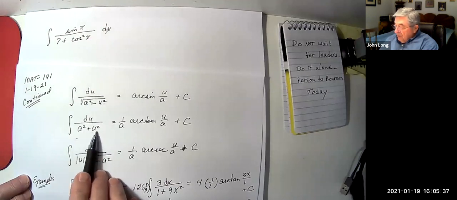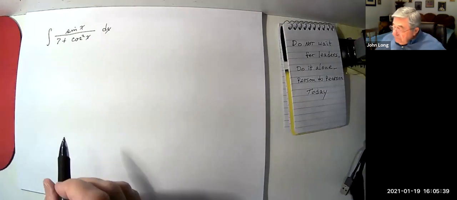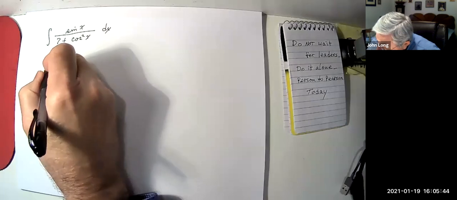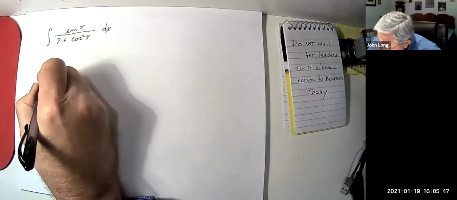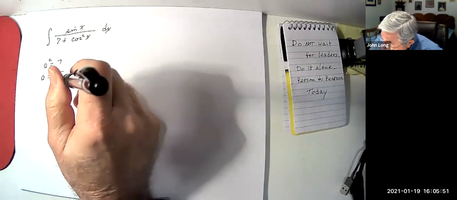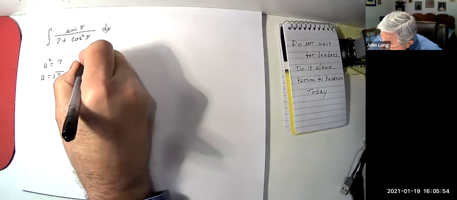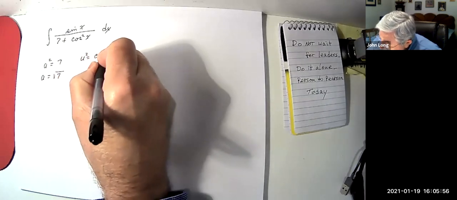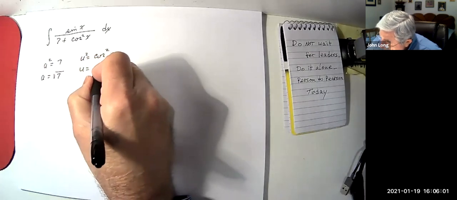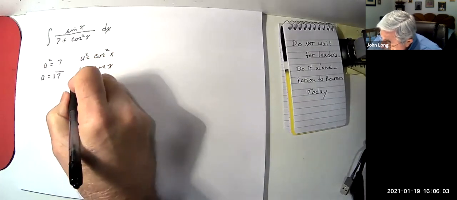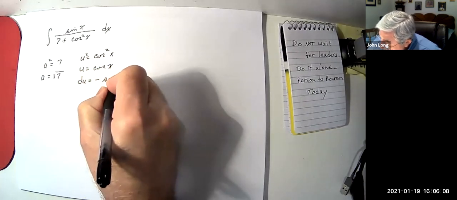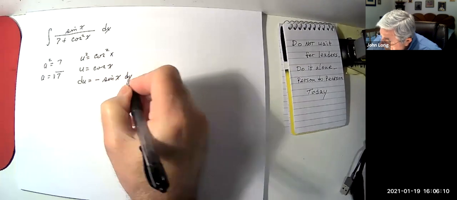And we realize what's going on now, because we see that a square is 7. So a, like in that last problem, is a square root. A is the square root of 7. We see that u square is cosine square x, making u the cosine of x, and then du, the derivative of cosine x, is negative sine of x dx.